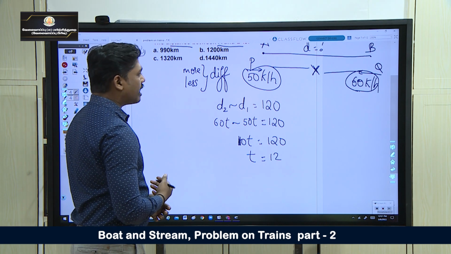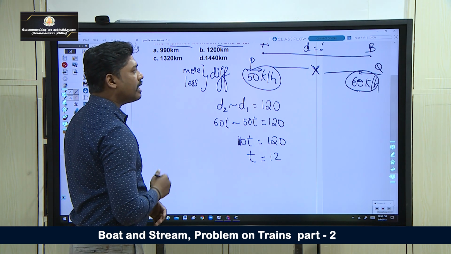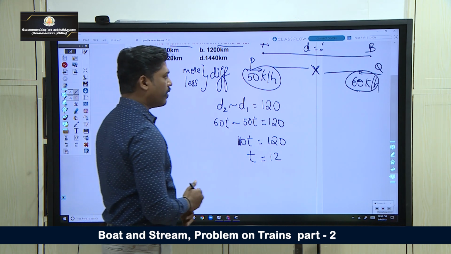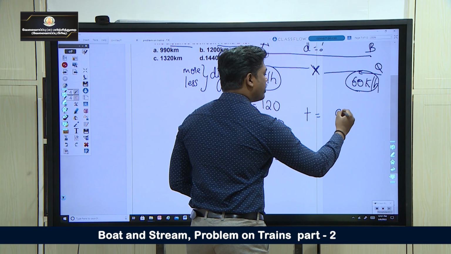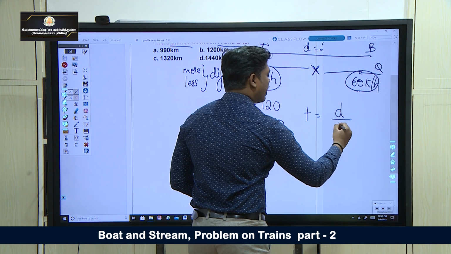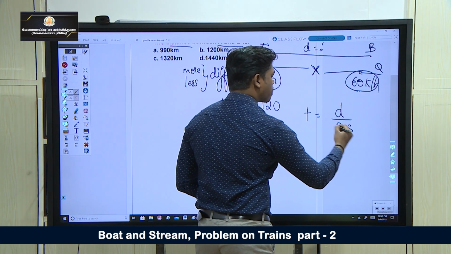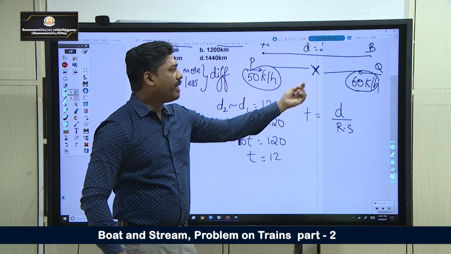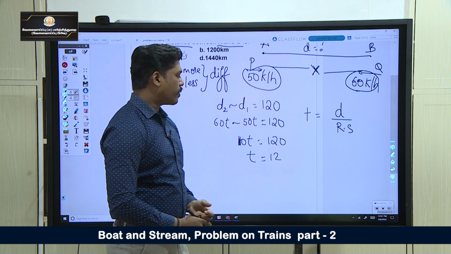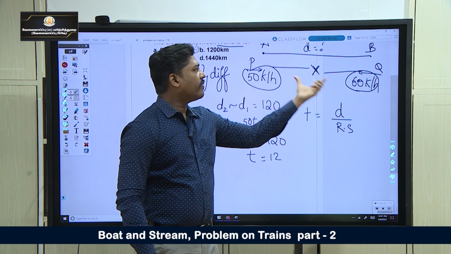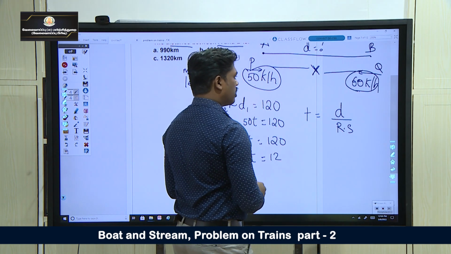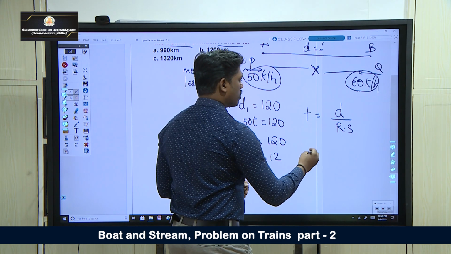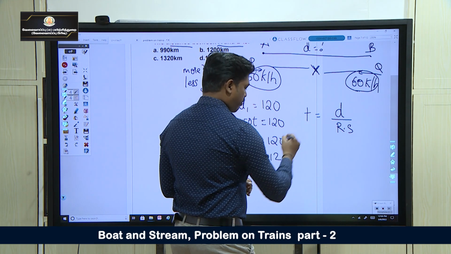So what are they asking here? They are asking the distance. Meeting time is equal to distance between them divided by relative speed. So what is the meeting time here?